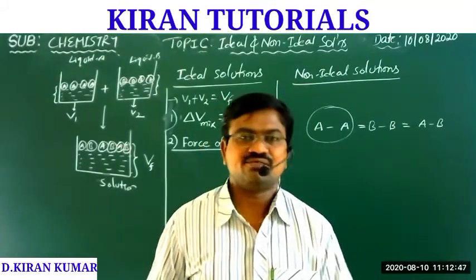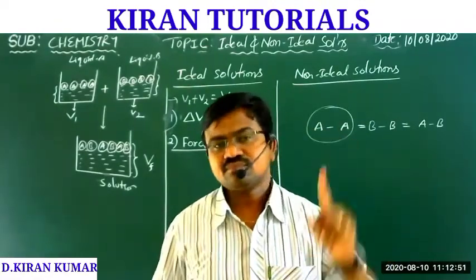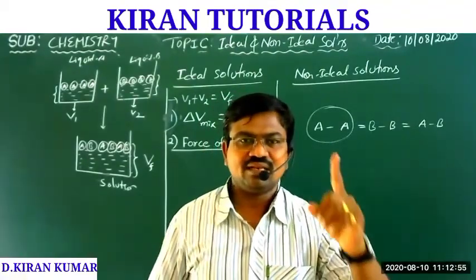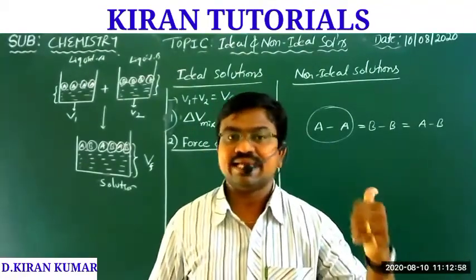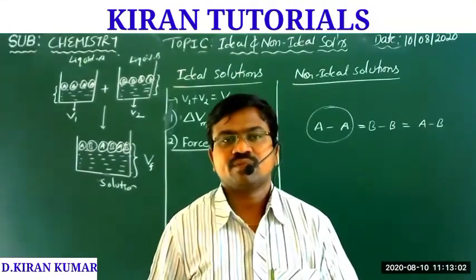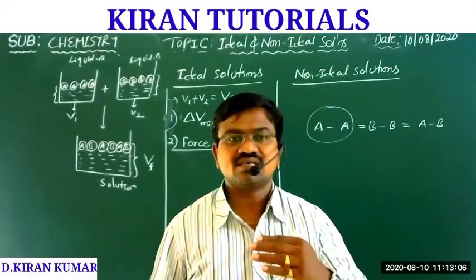Already we discussed that the formation of a solution consists of 3 steps. The first step is breaking of bonds between solute particles, here A. For breaking bonds, we need energy, so heat is absorbed.